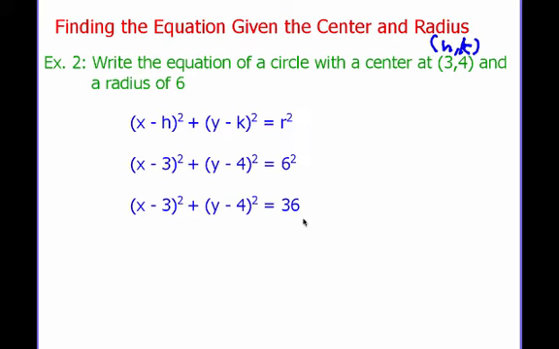So here is our equation: (x - 3)^2 + (y - 4)^2 = 36. Any point (x, y) has to go in here to give us 36. So this right here is the equation, and we found it given the center and the radius.